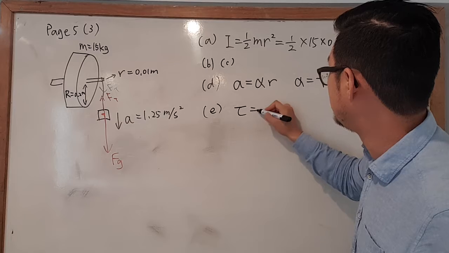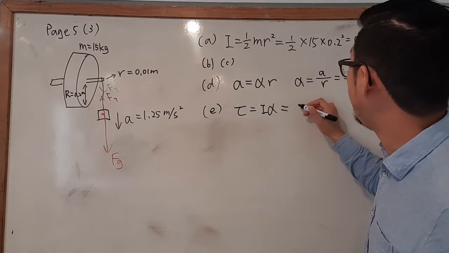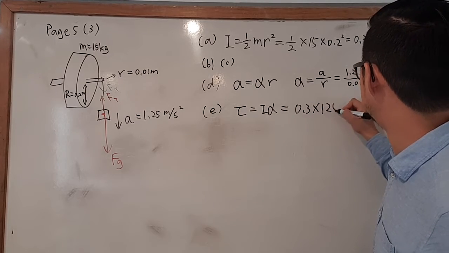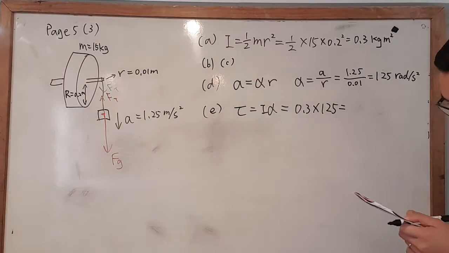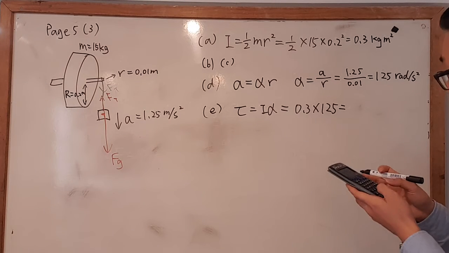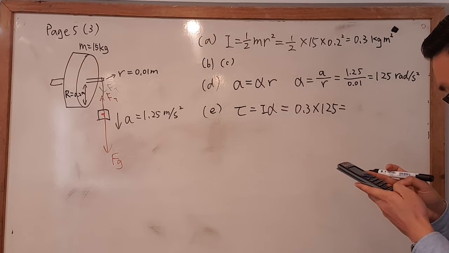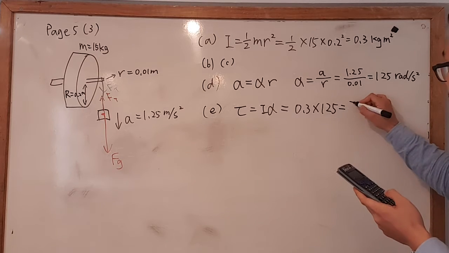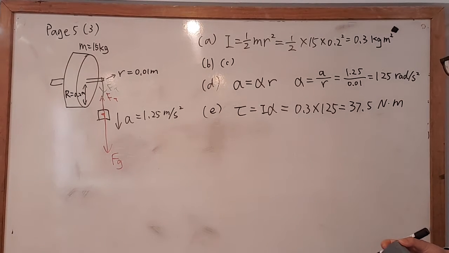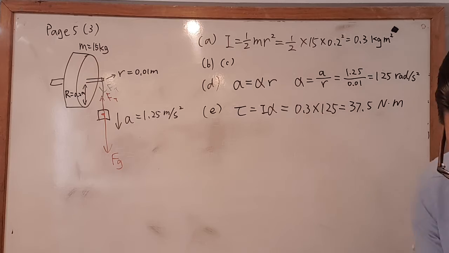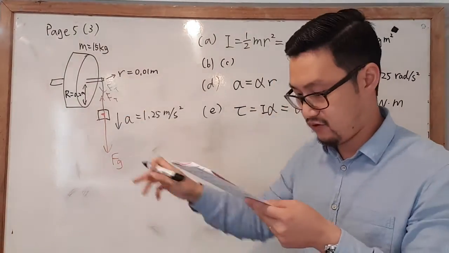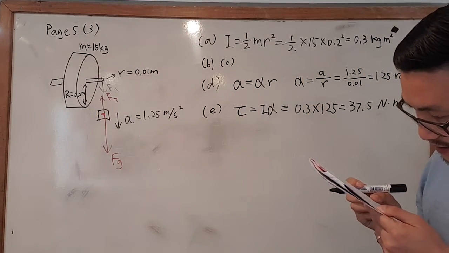So torque equals I alpha, which equals 0.3 times 125. Putting this into the calculator gives 37.5 Newton meter. That is my torque. And where does this torque come from? The torque comes from the tension force over here.